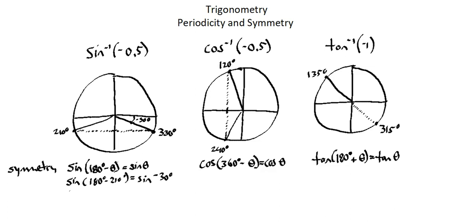Now what if I use the other angle, 330 degrees? Sine of 180 degrees minus 330 degrees equals the sine of negative 150 degrees.